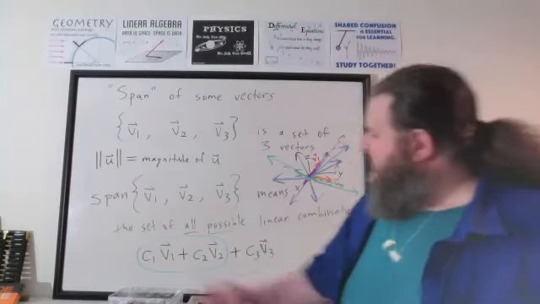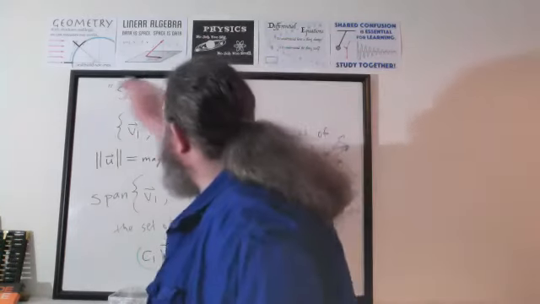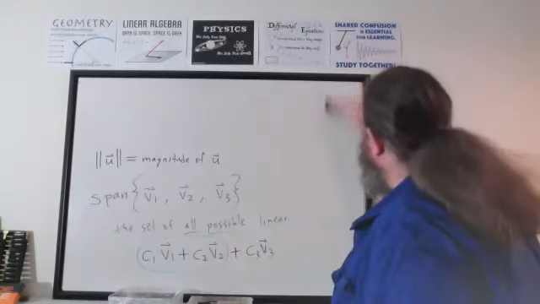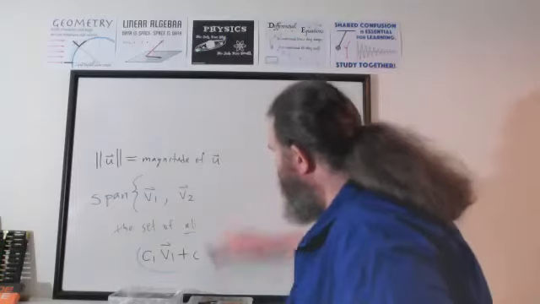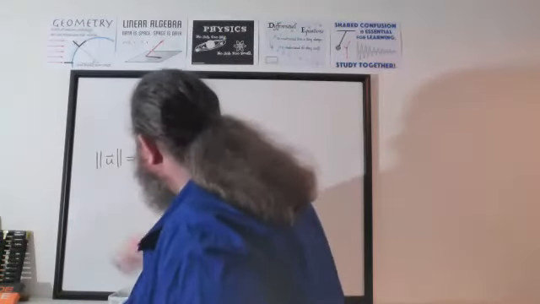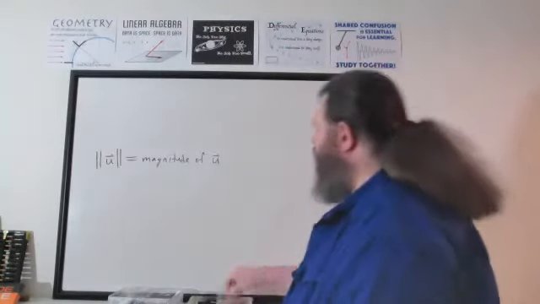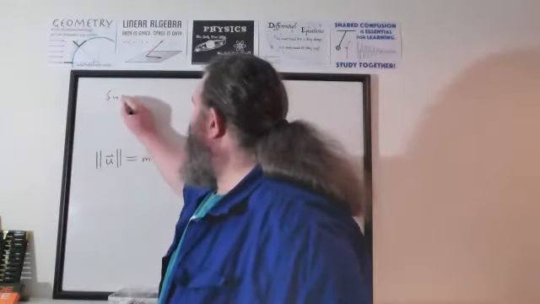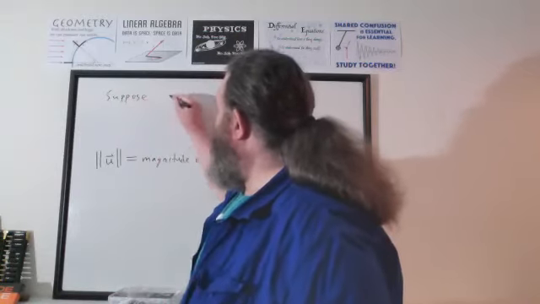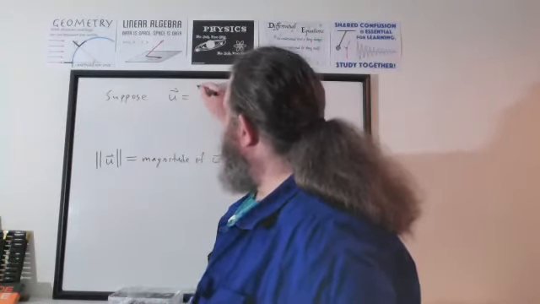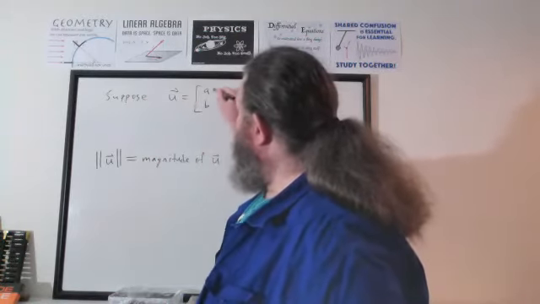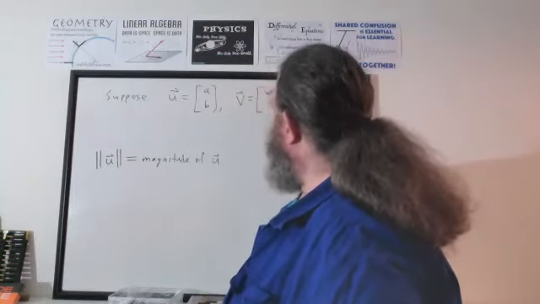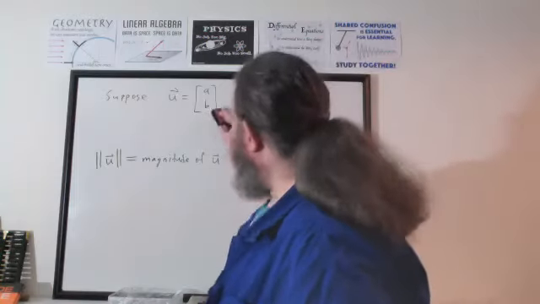Getting into the idea of magnitude, this is closely tied to the concept of dot product, so we want to look at that as well. We keep taking the dot product of two vectors. Let's make these 3 by 1.